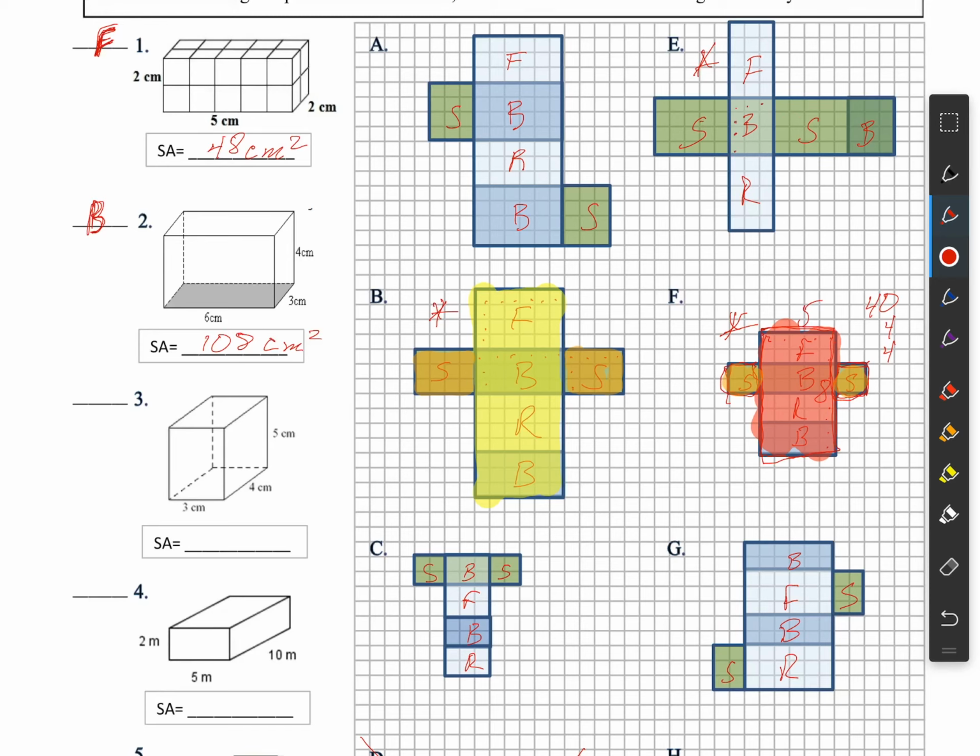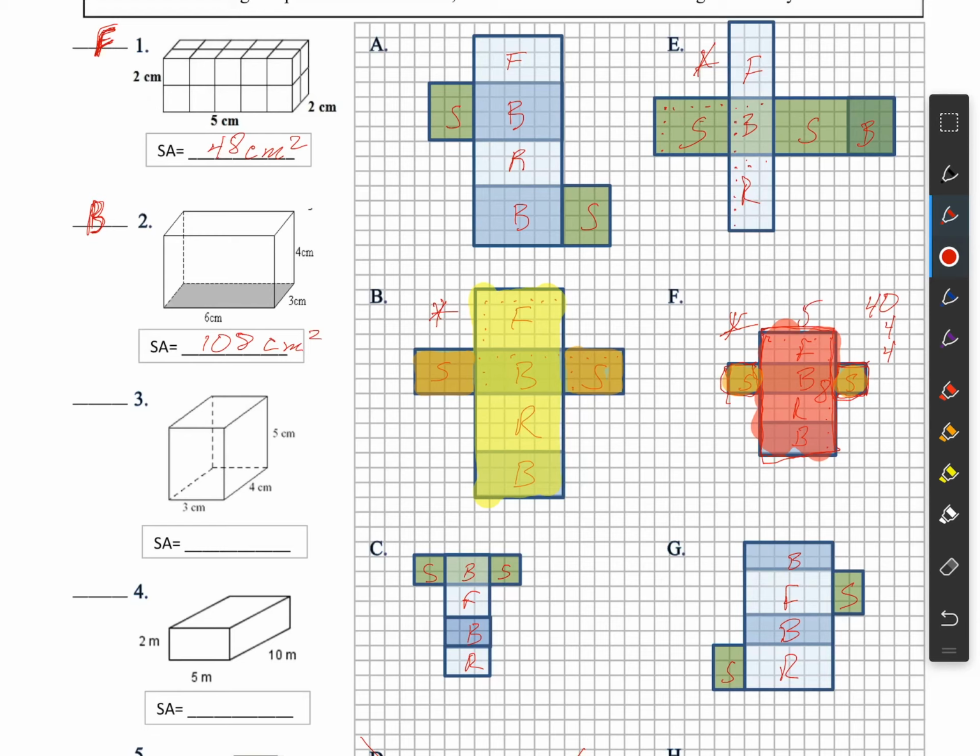So that's a match so far. But we also need to make sure that this has sides that are 4 by 5. 1, 2, 3, 4 by 1, 2, 3, 4, 5. And then a front and a rear that are 3 by 5. And that's 1, 2, 3 by 1, 2, 3, 4, 5. So that's it. We found it.